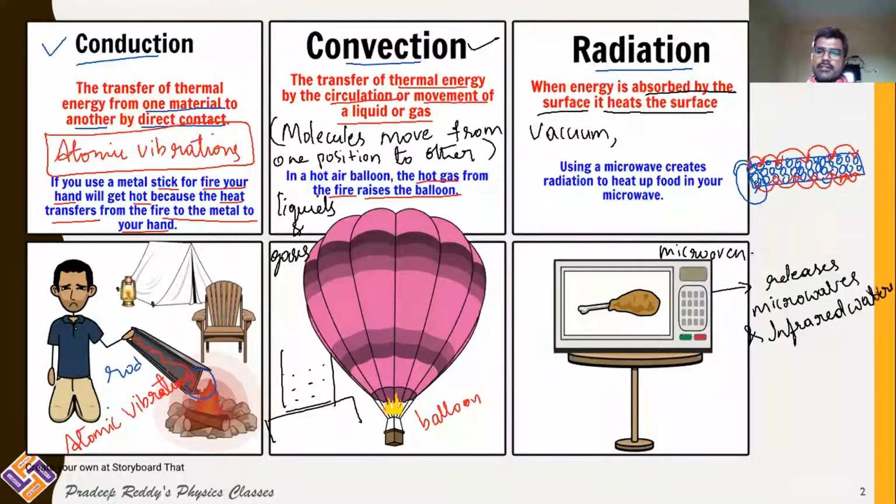These waves will be absorbed by the material present inside the oven, and it receives that heat energy, and this is the process of radiation. So these are the three different ways in which heat transfer takes place: conduction, convection, as well as radiation.